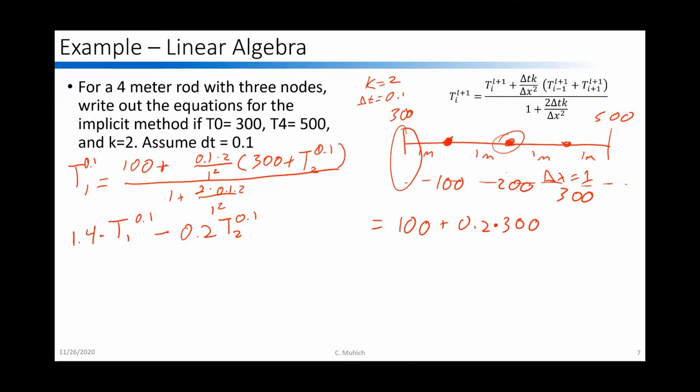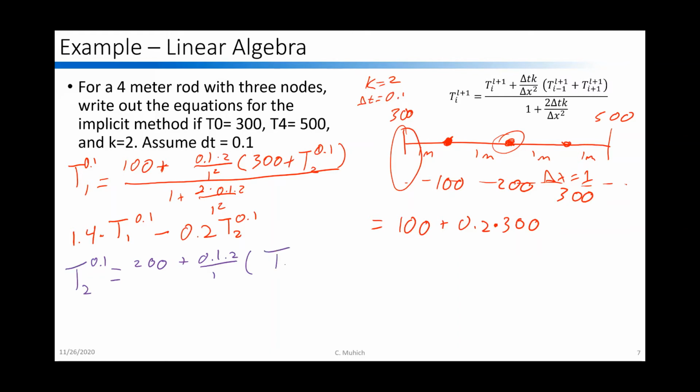Okay, so now we're ready to do the second one. It's going to have relatively the same form. We're not going to write necessarily all of it out. We can go maybe a little bit faster. So here we have T2 at 0.1 is equal to, okay, my previous step was 200 plus 0.1 times 2 over 1 times the point to my left.